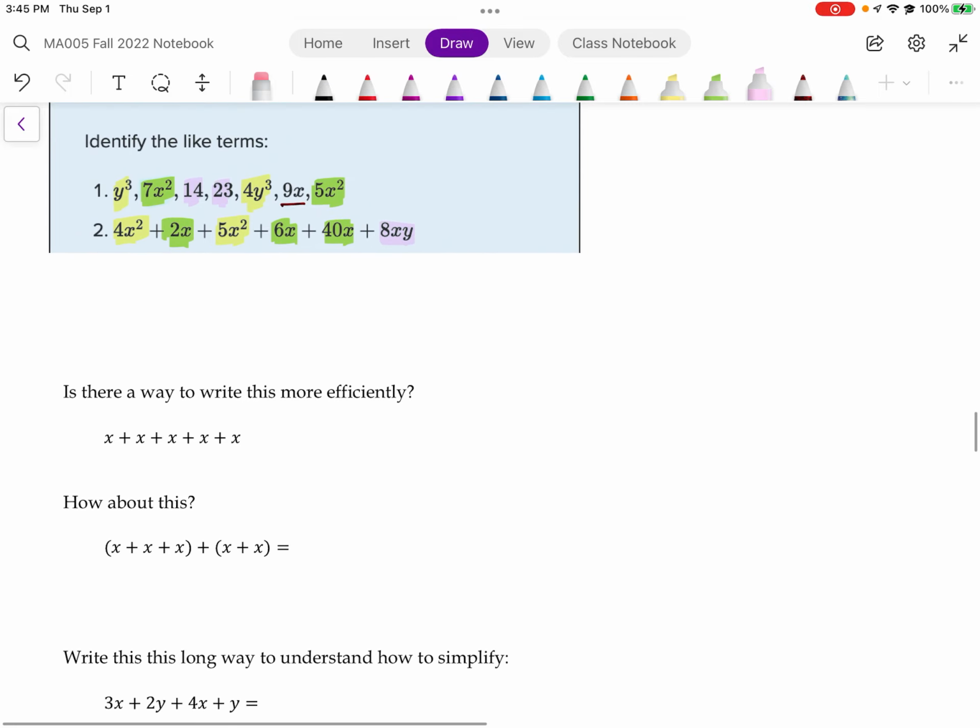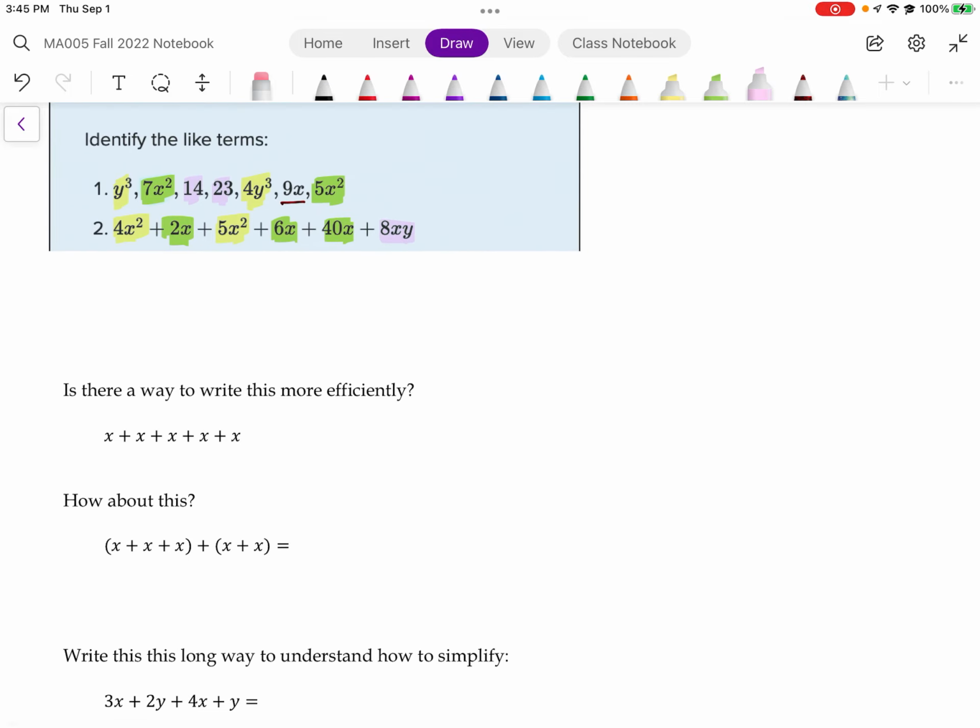Okay. So before we go on, I just wanted to talk about some things here, just to make sure you understand. Is there a way to write this more efficiently? Yes. So we've got 1, 2, 3, 4, 5 x's. So that means it's 5x. What about this right here?